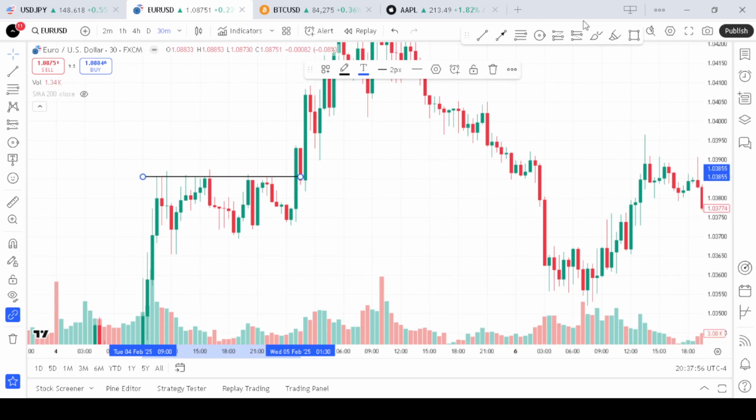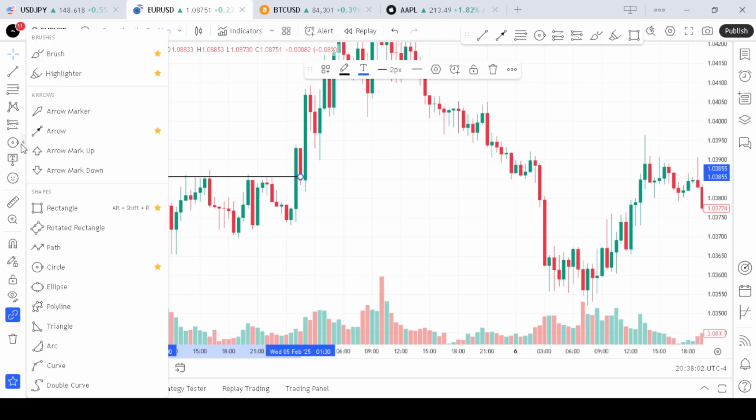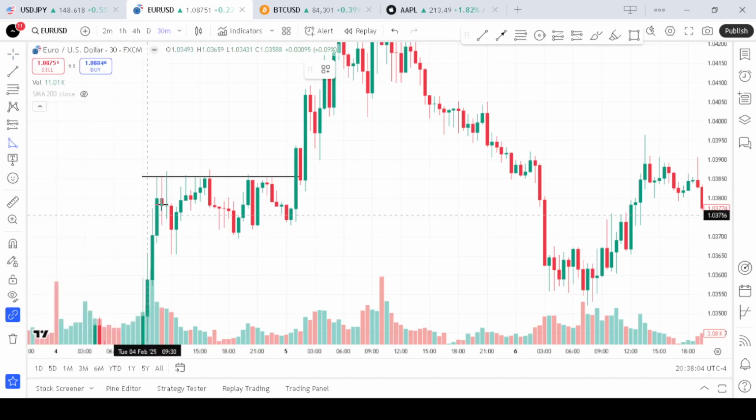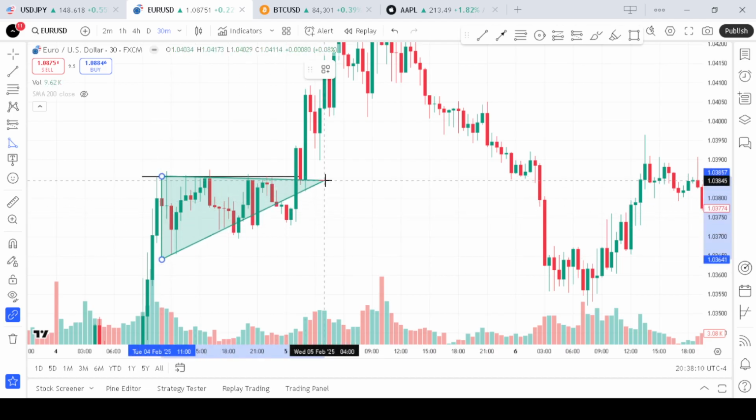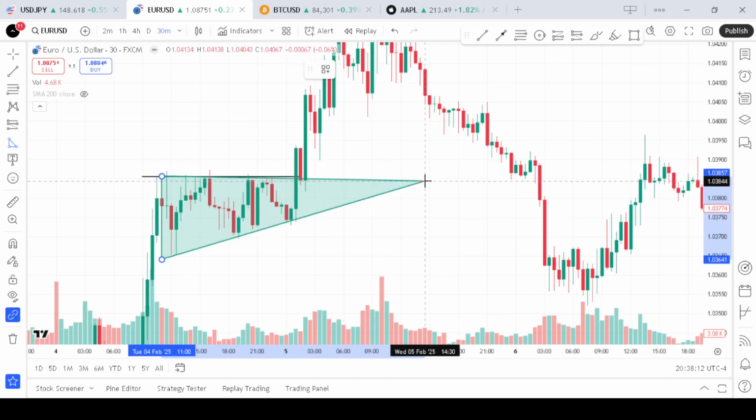Now let's see if we can draw this triangle in a clear way for us to understand what this triangle is all about. By drawing this with our triangular tool, we can better spot this ascending triangle. And as we can see, this is the triangular pattern on our chart.